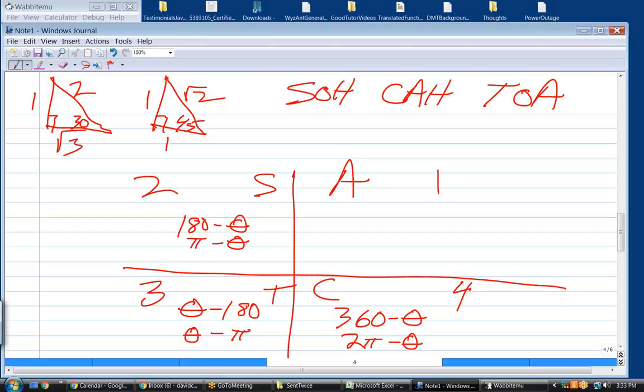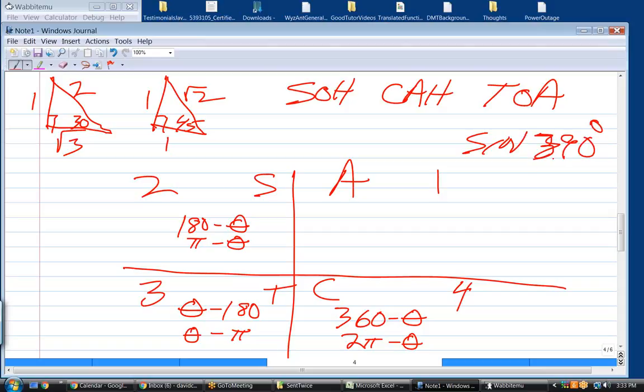So if you memorize one thing, memorize what's on this page right now. Every single thing on there will allow you to answer any trig question. Even if I said, what is the sine of 390 degrees?